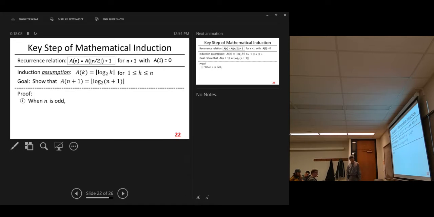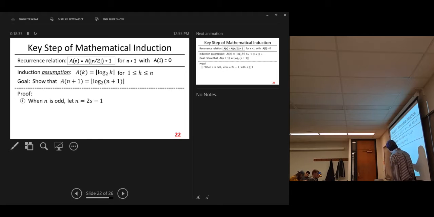The first case, n is an odd number. We only consider 2 cases, odd and even. We feel the odd number is slightly easier, so let's work on it first, because odd number plus 1 is an even number. So that's why we like that.